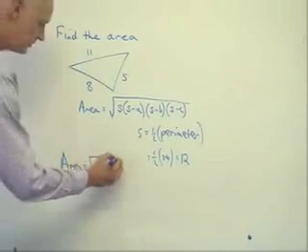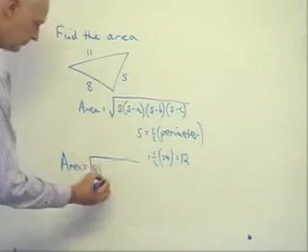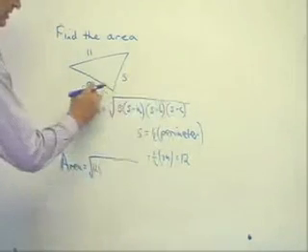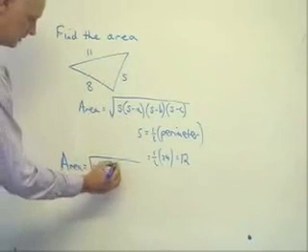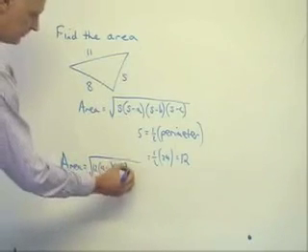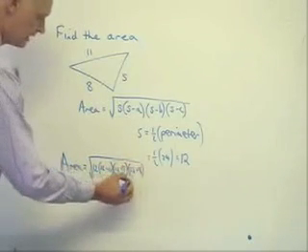So area equals the square root of 12. Now the A, B and C are just a sign, so 12 minus 11, 12 minus 5 and 12 minus 8.